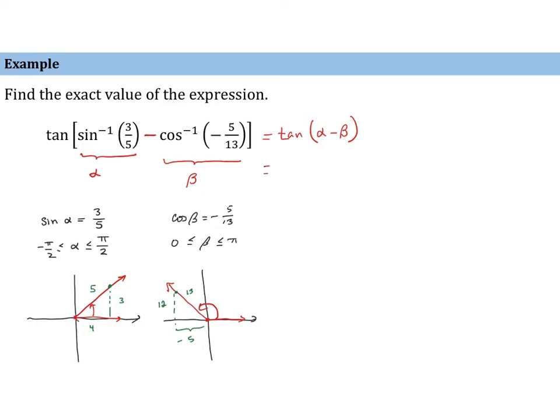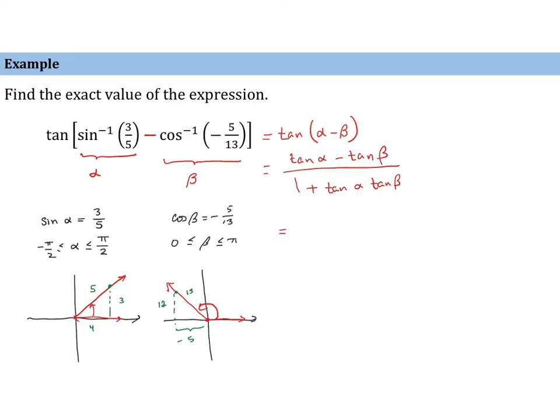So the difference formula for tangent will be tangent of alpha minus the tangent of beta over 1 plus tangent of alpha tangent of beta.